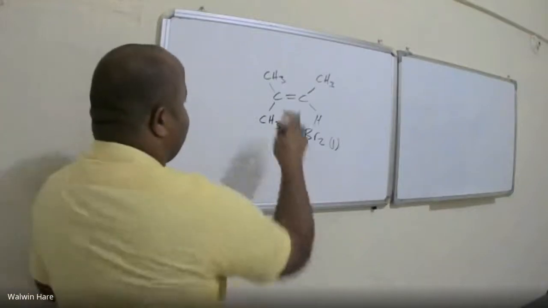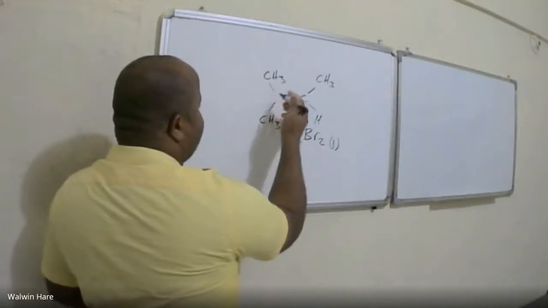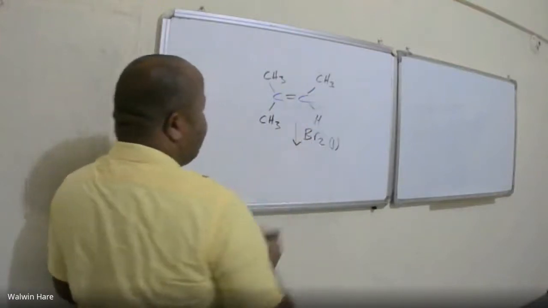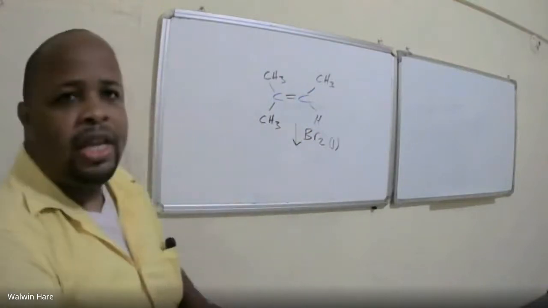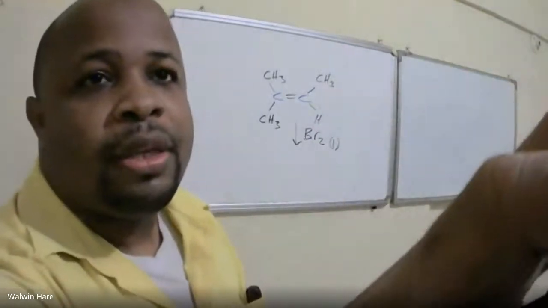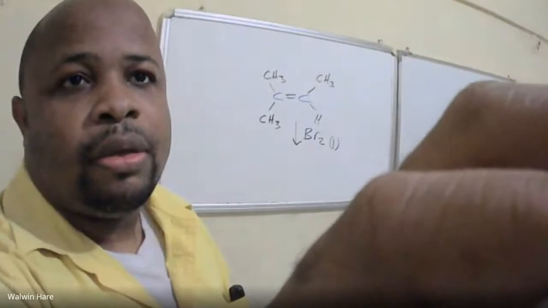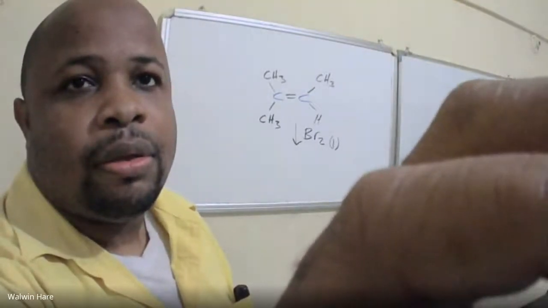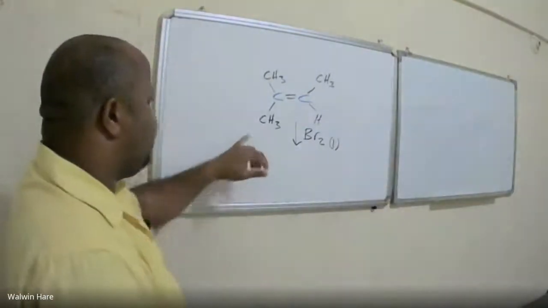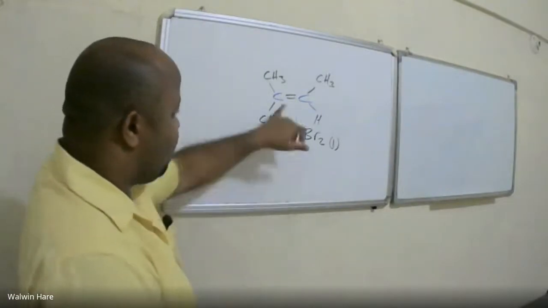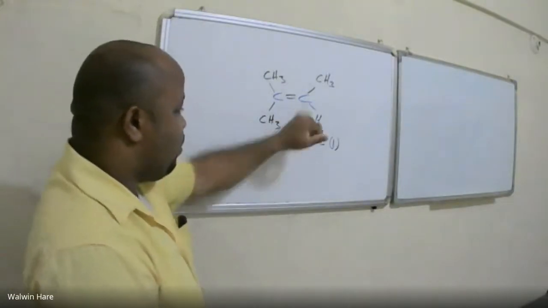And let me put the carbon of the double bond in blue. Whenever the alkene is reacting, we know that the reaction takes place at the carbon to carbon double bond.